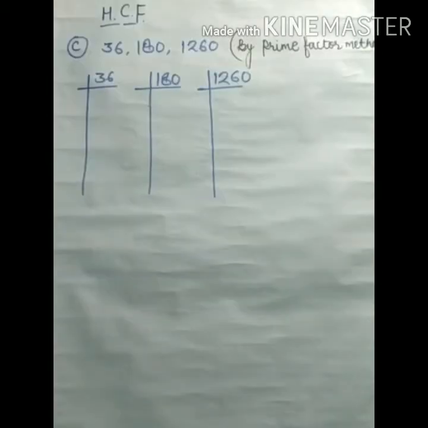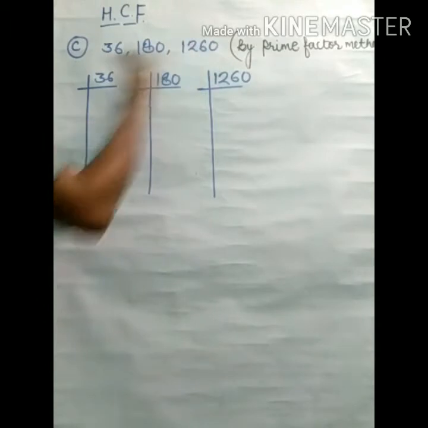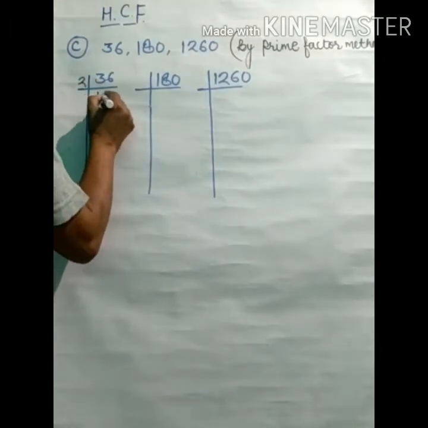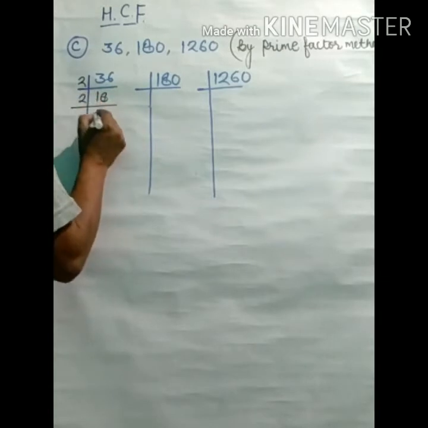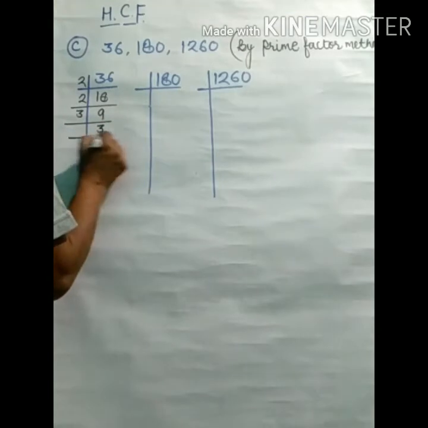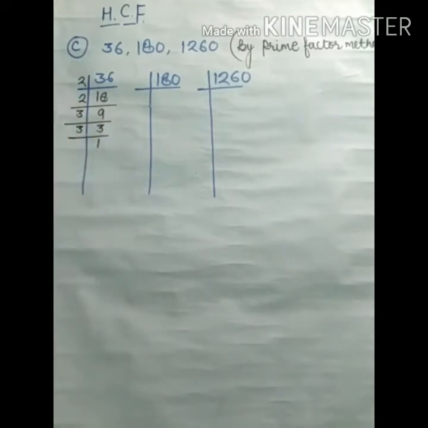Now see one more example. The numbers are 36, 180 and 1260, and we are following the prime factor method. 36 is divisible by 2, giving 18, again by 2, giving 9.